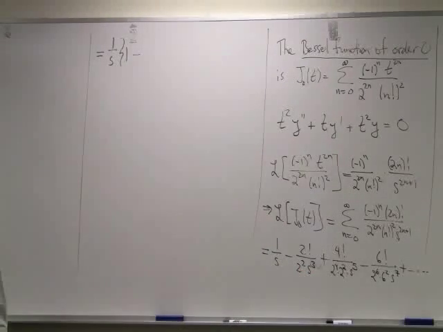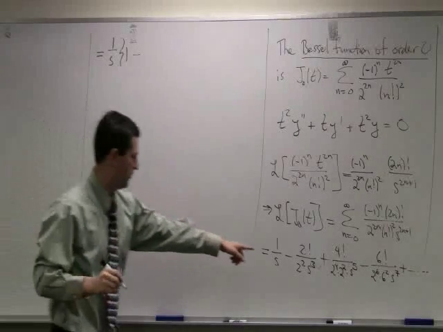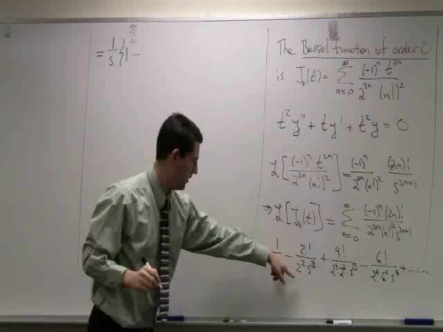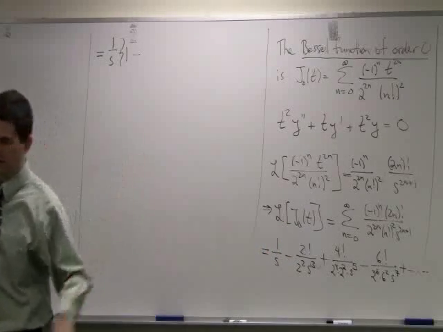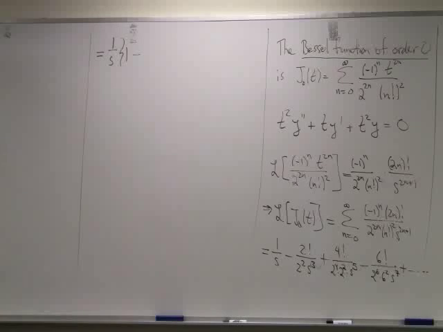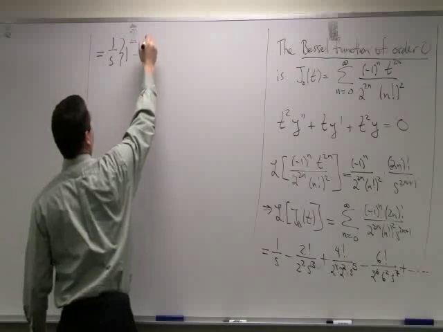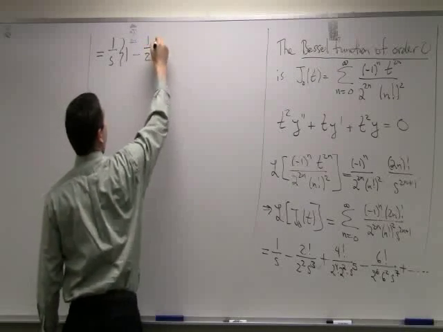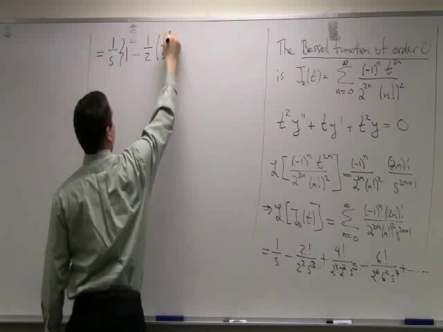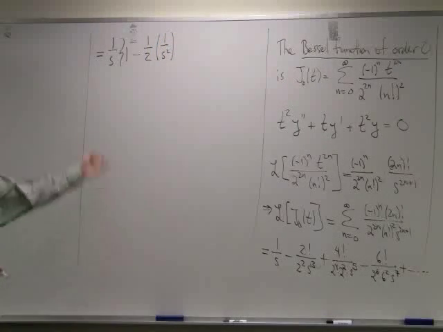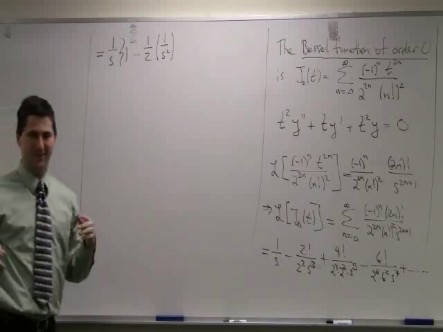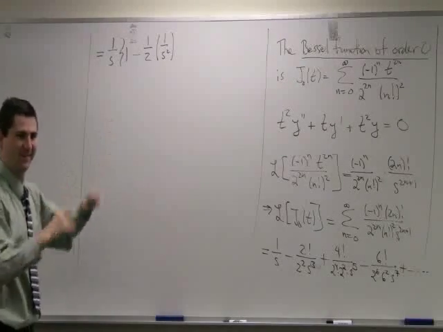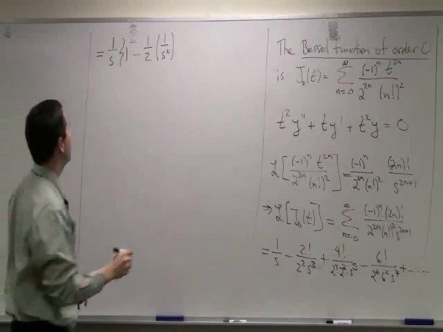Now, this first one, you'll notice, of course, the 2 factorial is going to cancel with one of the 2's. Right? Because over 2 factorial is just 2. So I'm just going to get a 1/2. So let me write this as a half, and then I have 1 over s squared. I'm pulling them apart just to be suggestive.